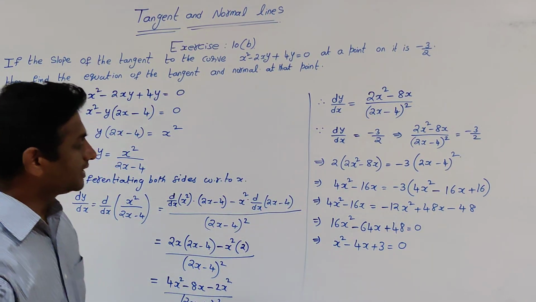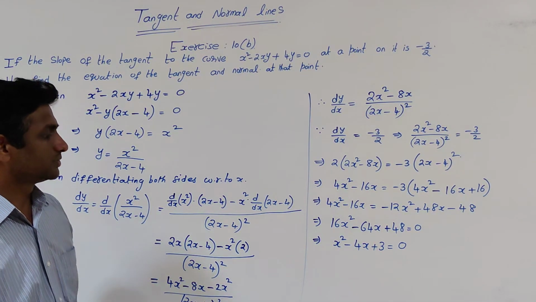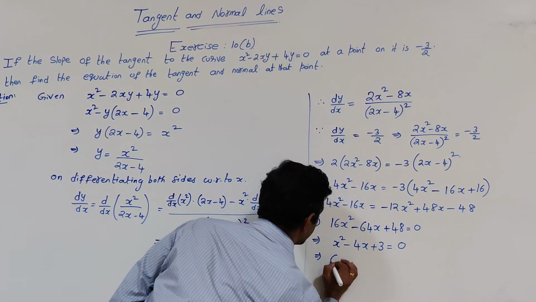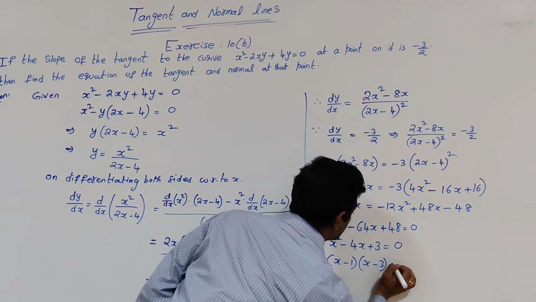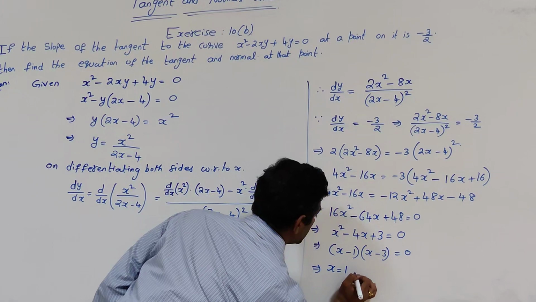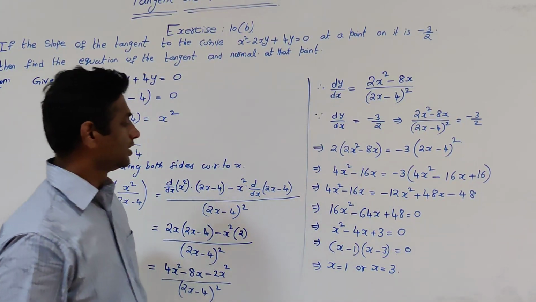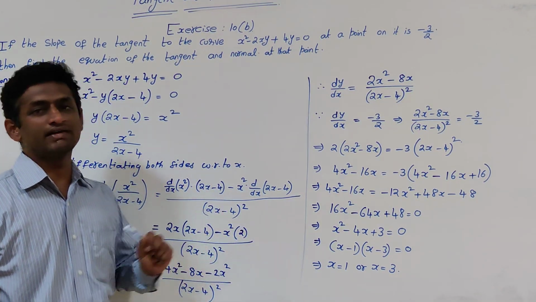So it is a quadratic equation in x, so you will be having two roots. And this can be written as x minus 1 into x minus 3 is equal to 0. This implies x is equal to 1 or x is equal to 3. Now we have to find out the y value.